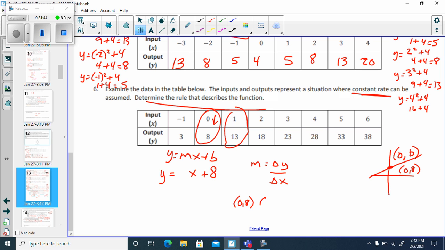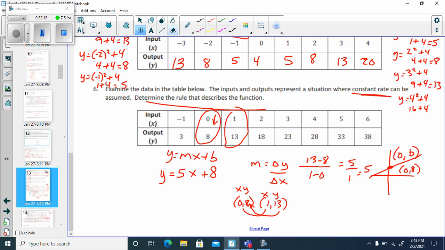We know this one is 1, 13. This is the x, that's the y. We need to find the difference in our y's, 13 minus 8, over the difference in our x's, 1 minus 0. 13 minus 8 is 5. 1 minus 0 is 1. My slope is 5. Y is equal to 5x plus 8.